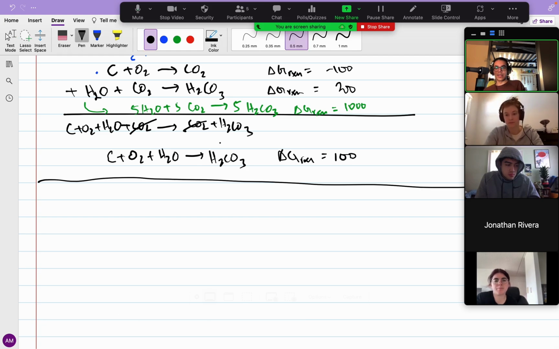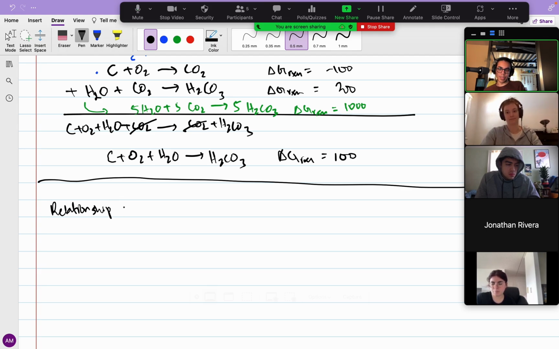Now comes the relationship. So far we have only been able to relate the reaction values to the formation values for enthalpy, entropy, and free energy alone. Now we're going to connect all three of those, delta H, delta G, and delta S, and come up with some very interesting observations.